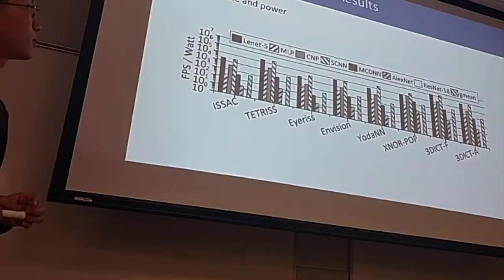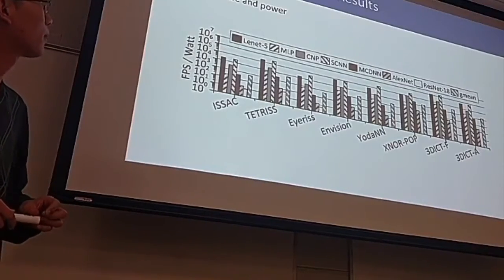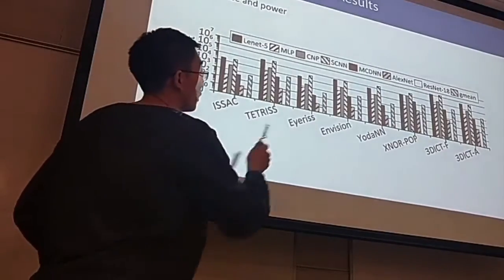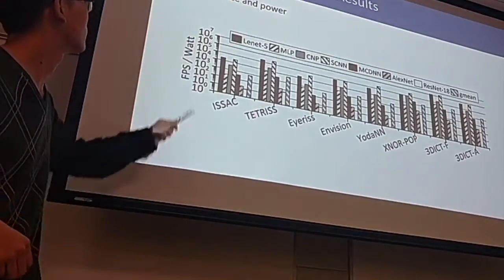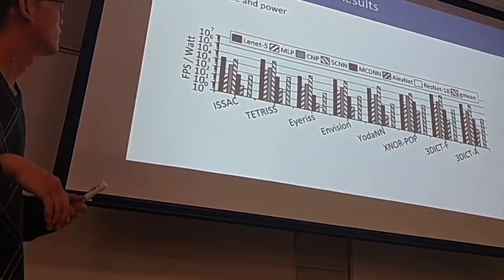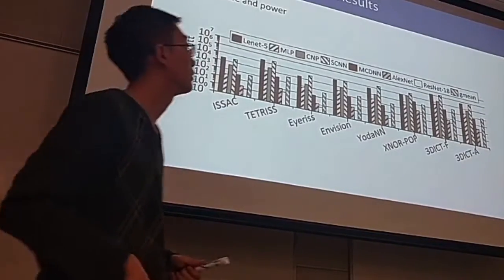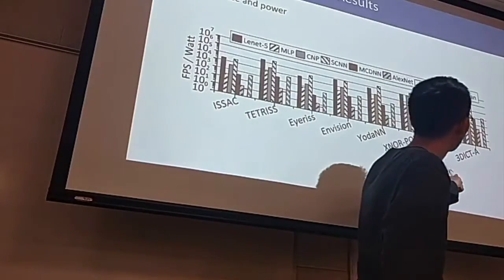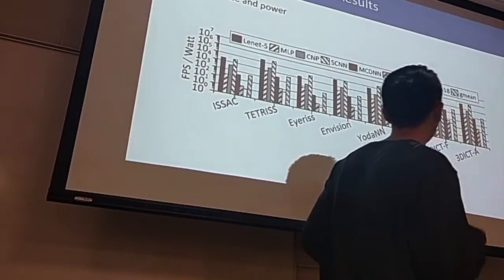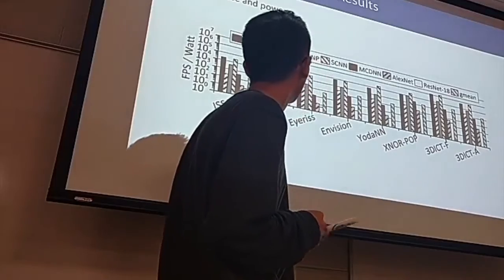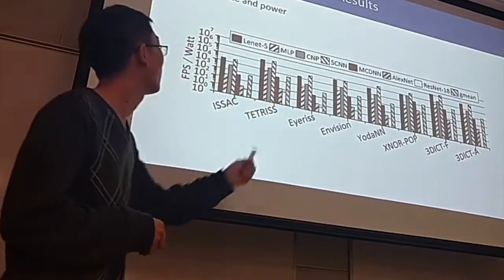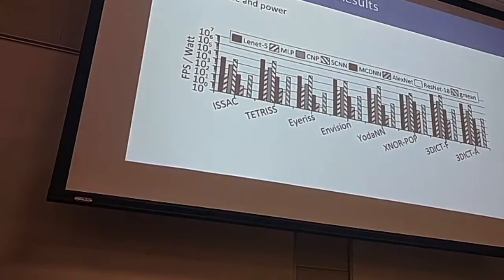Like this picture shows, this is the accelerator, this is your performance, your power efficiency. You can see that these two are our 3-digit, and these are previous hardware accelerators.